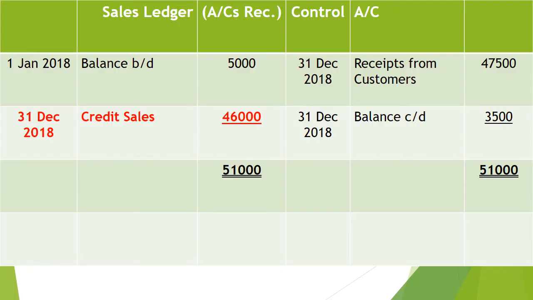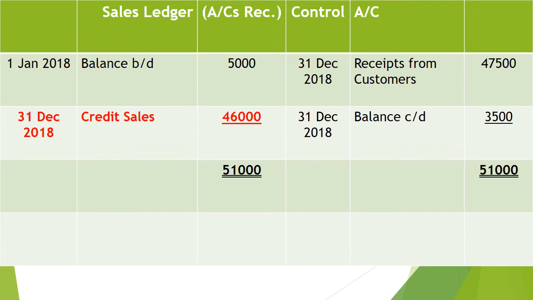This is the sales ledger control account. The opening balance of accounts receivable is $5,000, balance b/d on 1st January 2018, and receipts from the customers during the year is 47,500. The closing balance of accounts receivable is 3,500, called the closing balance c/d on 31st December 2018.